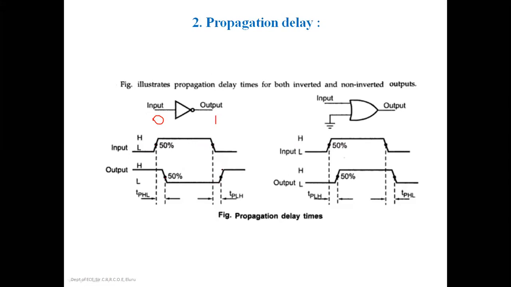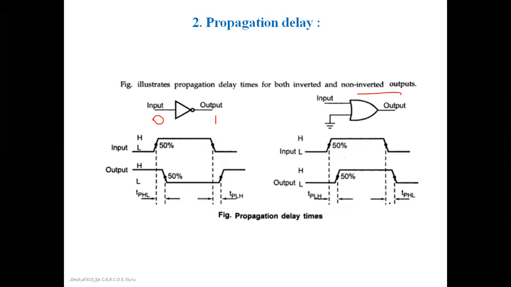Here also it is the 50% of the input response to the 50% of the output response. And take the non-inverting gates like an OR gate, AND gate and buffer. In these also you can observe the TPHL and TPLH.